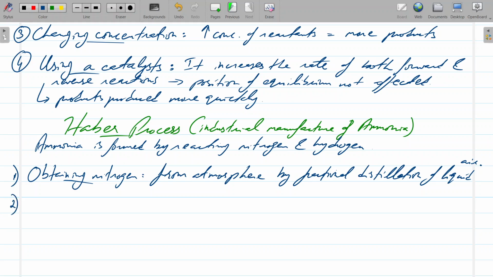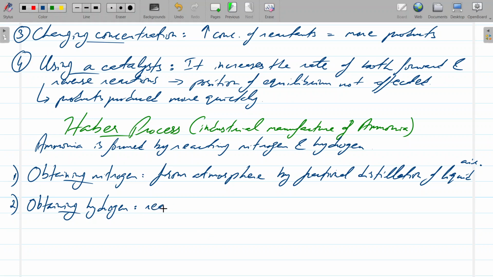Then comes hydrogen. So how do you get hydrogen? Hydrogen is obtained from methane. So you're not immediately reacting nitrogen and hydrogen. First, you need to get those.